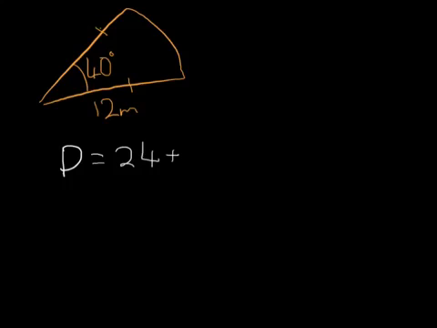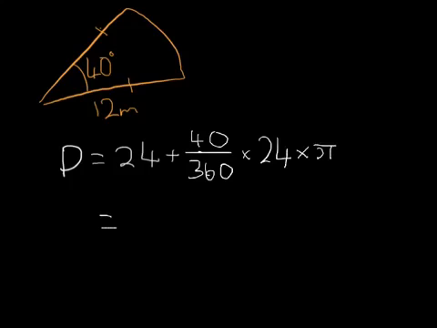And let's do my formula again, which is, in this case it's going to be 40, that's our new value, over 360, times 2 times 12, which is 24, times pi.